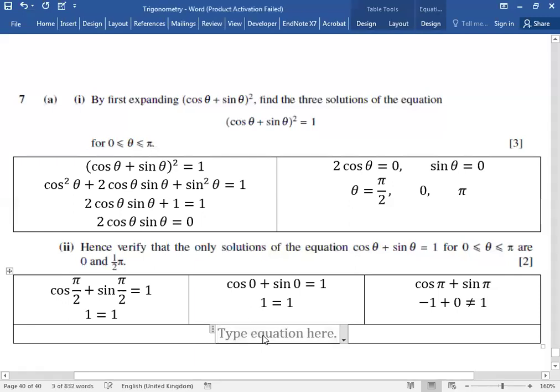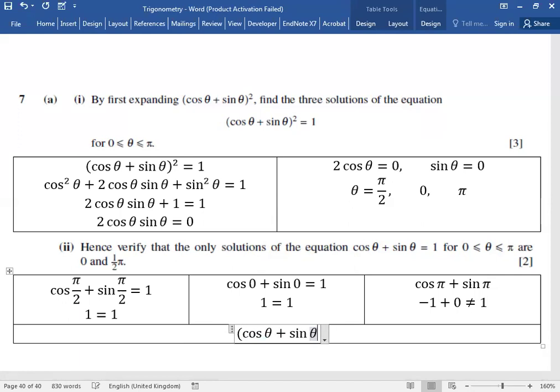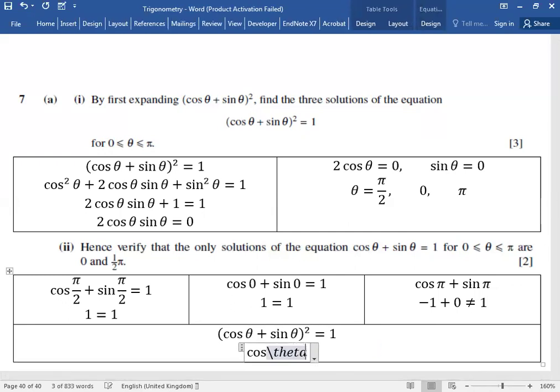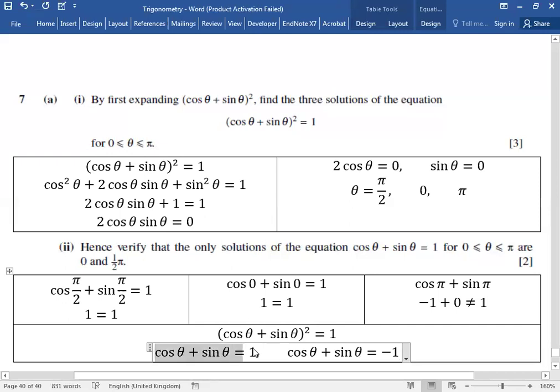Another way of approaching this is you have just found the solutions to this equation, right? You already know the solutions to this equation. If I take square root on both sides, the solutions that you have found must also satisfy these two equations.